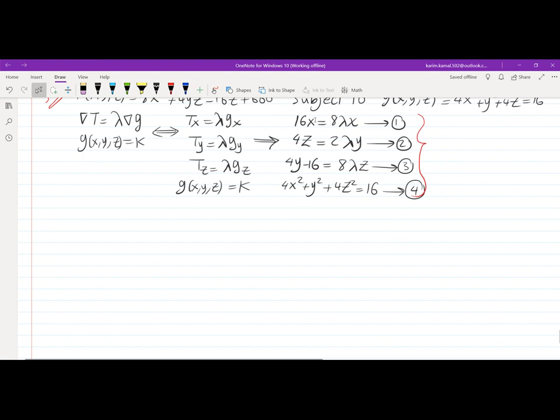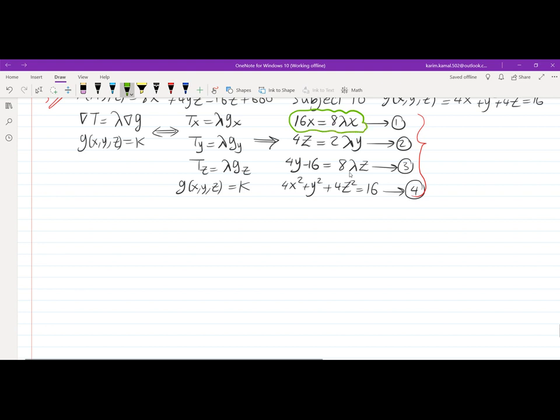Equation number 2 z lambda y, equation number 3 y z lambda, equation number 4 x y z. يبقى أقدر أقول لك دلوقتي إن first equation is the only equation that includes only two variables which are x and lambda.